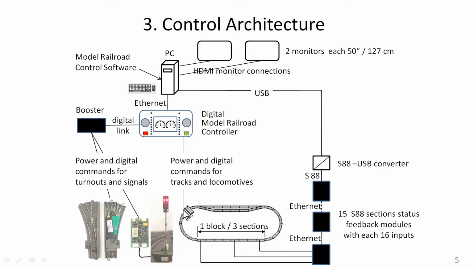So if a train comes in here and goes onto the first section, it will generate a signal to feedback modules. They are so-called S88 section status feedback modules, and they have 16 inputs each. I have 15 of these modules.